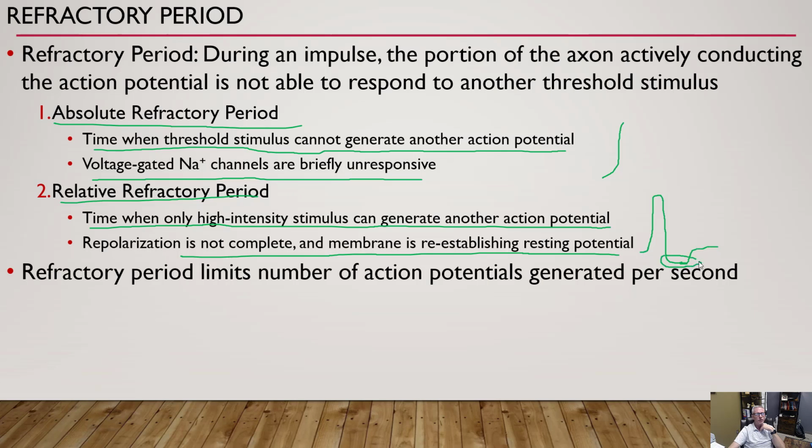So right here, we're hovering around negative 90 millivolts, and remember, we have to get up to negative 55. Repolarization is not complete, the membrane is not reestablished, and we're not back at resting membrane potential. So it's going to take a lot of work to get back up to negative 55, but we can do it if we have enough positive ions rushing into the cell.